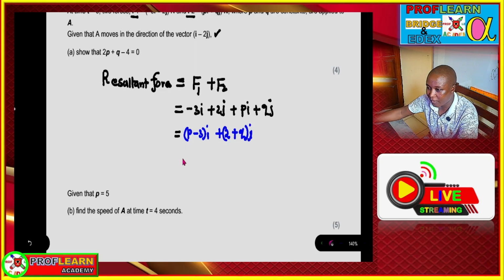Then once we have this, we can say this resultant force and this component that we have here are parallel.